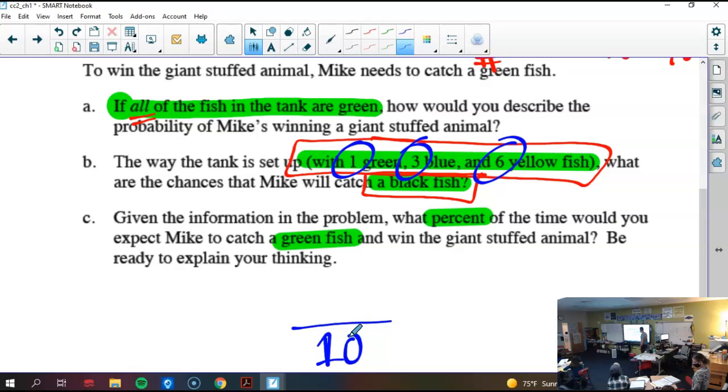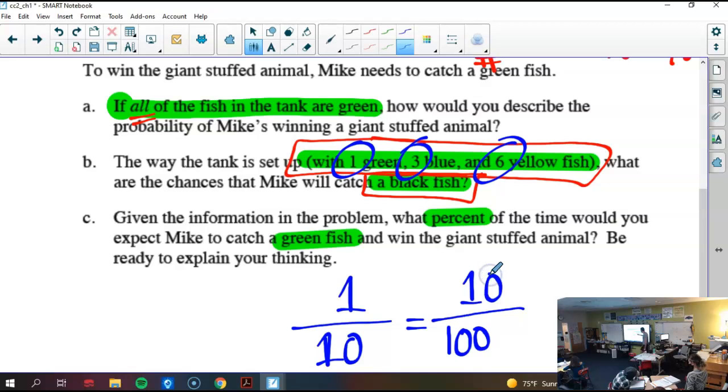Then Mia, what do I put on top? 1. So is that a 1% chance? No. What do I need to do to make this? 0.5 or no, 0.1. Careful. Everybody with me, please write down 1 over 10. But then also write down that that is equal to 10 over 100.